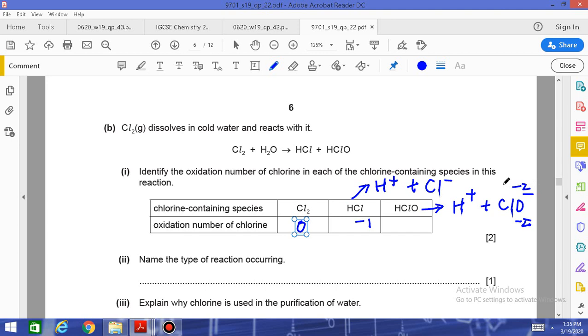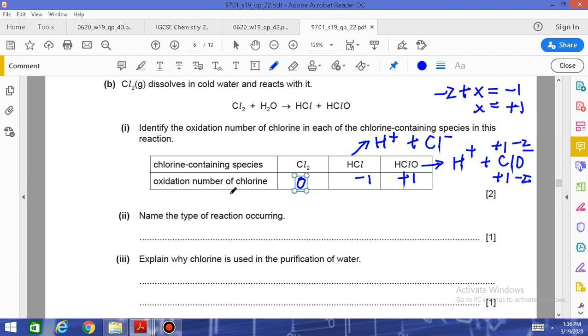Minus 2 plus something equals minus 1, because the overall charge is minus 1. So it's minus 1 plus 2, which is plus 1. Plus 1 divided by 1 is plus 1. So the answer is plus 1.